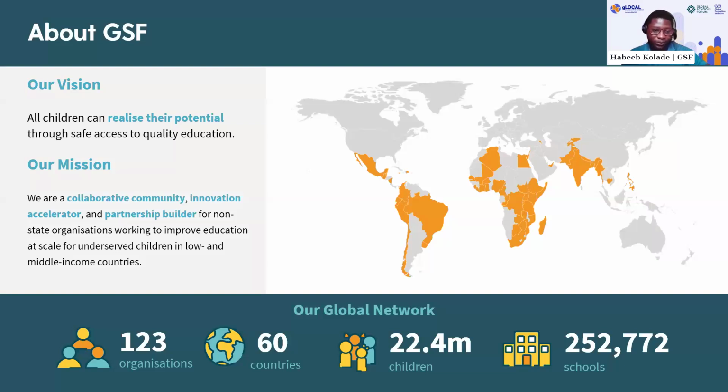Since 2017, we've grown to over 123 organizations within our network, cutting across 60 countries. These organizations are supporting over 20 million children through over 252,000 schools. The ultimate goal is to ensure that all children can realize their potential through safe access to quality education.